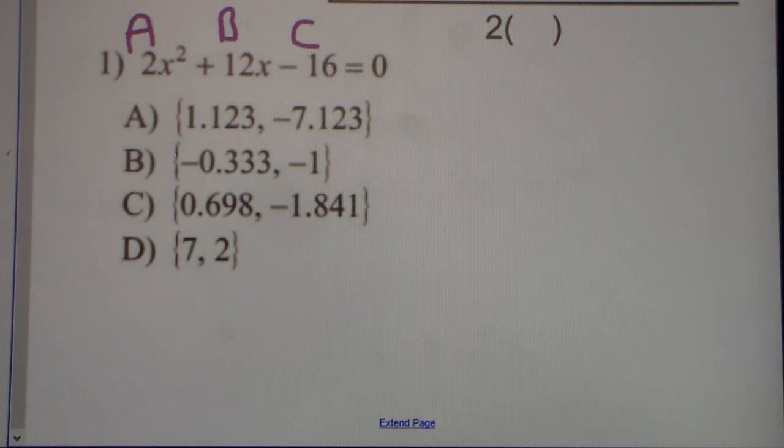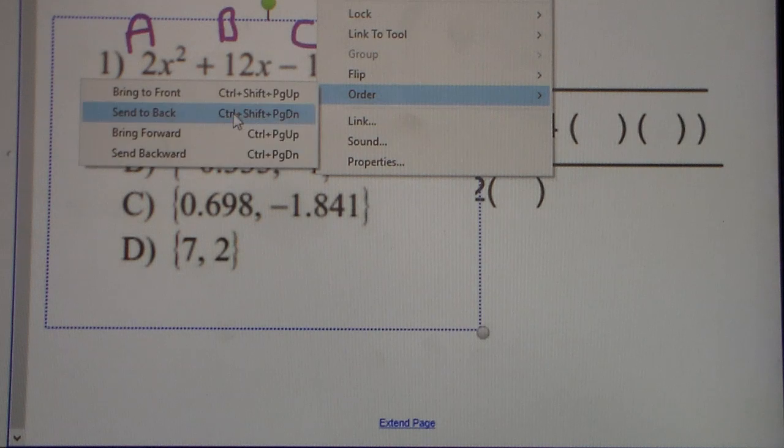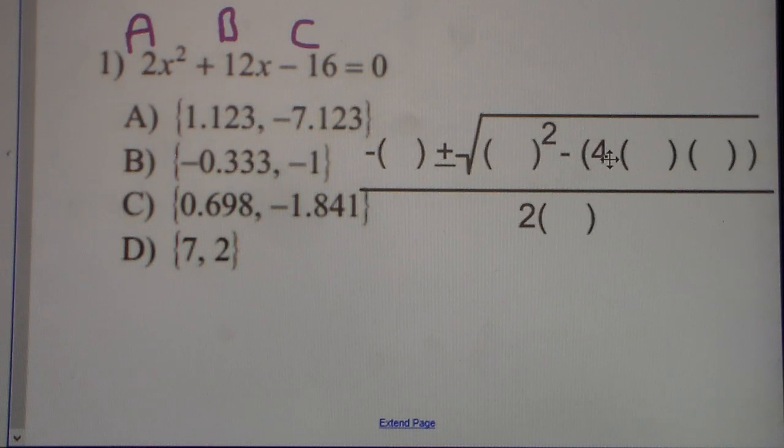Now we're going to put these numbers into a formula called the quadratic formula. Which is this guy right here, the quadratic formula. This is minus b plus or minus the square root of b squared minus 4ac all over 2a. So wherever it says b, I put b in. Wherever it says a, I put a in.